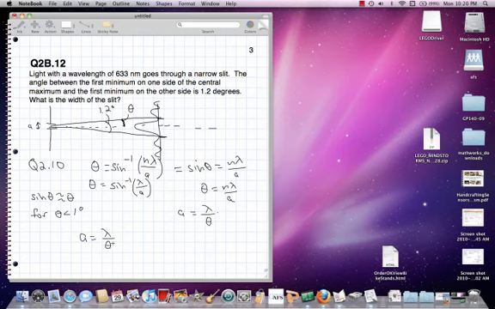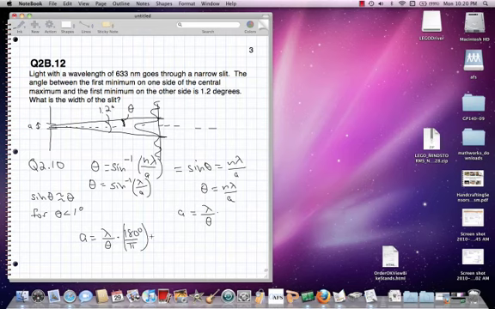Now if I want to plug numbers in, theta needs to be in radians, because I can't have my number in degrees. My answer has to be in meters; lambda will be in meters, but theta will be in degrees. So I need to multiply by 180 degrees over pi to convert theta to radians.